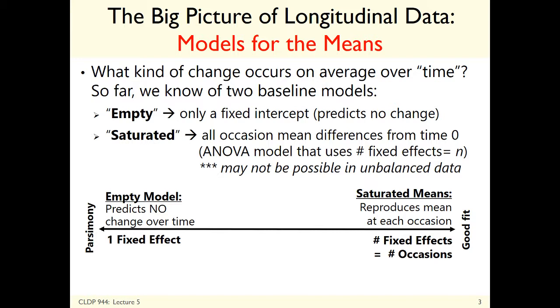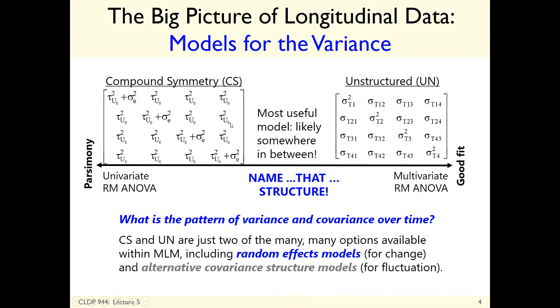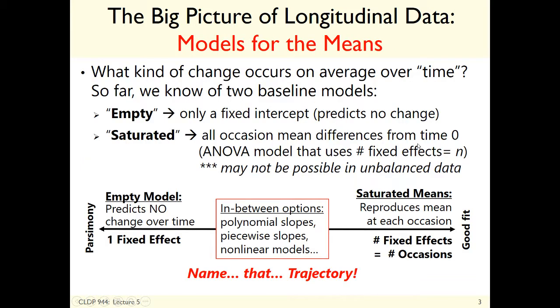So the same ideas show up on both sides of the model. We have this spectrum from worst to best fit on the mean side, just like we have a spectrum from worst to best fit on the variance side that's described by compound symmetry and unstructured. The things we're going to pick up are the in-betweens.